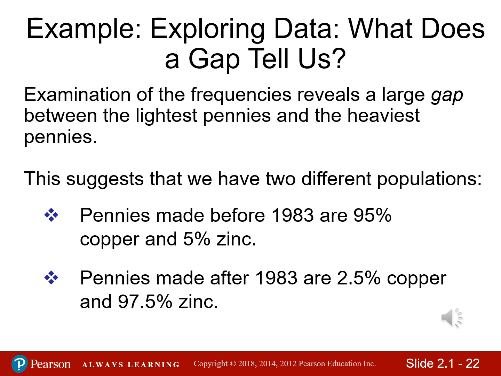This would explain the large gap between the lightest pennies and the heaviest pennies. They come from two different populations, one population being those pennies minted before 1983, and the other population of pennies that were minted after 1983 with a different combination of copper and zinc.